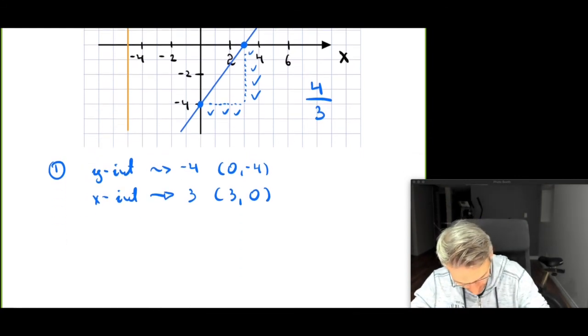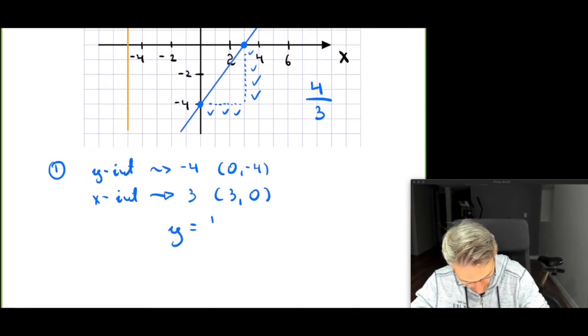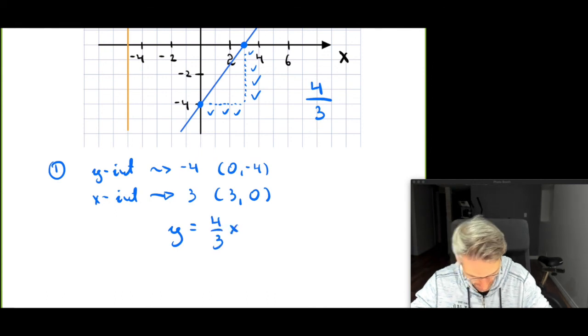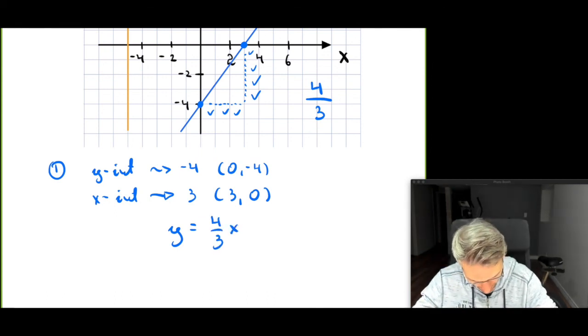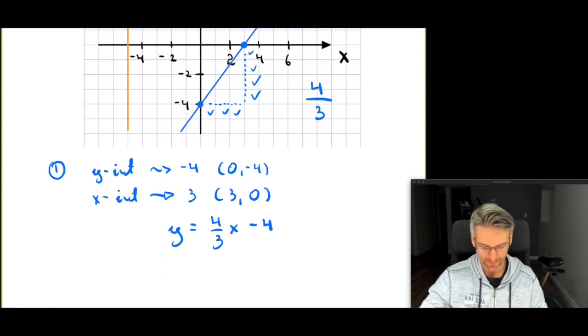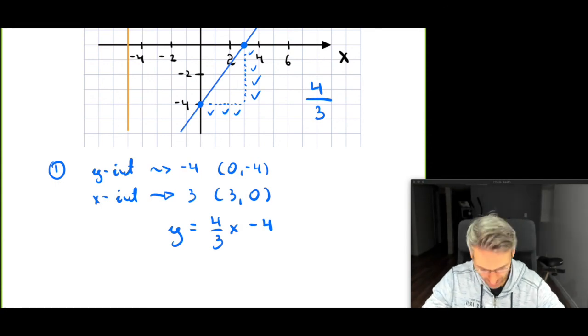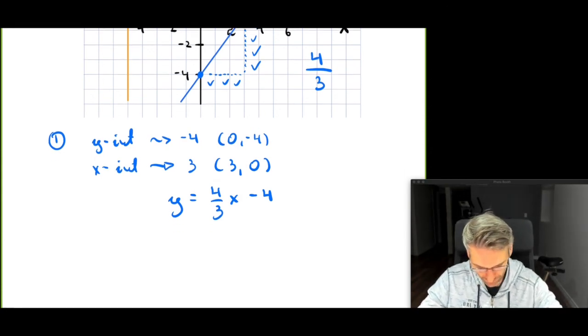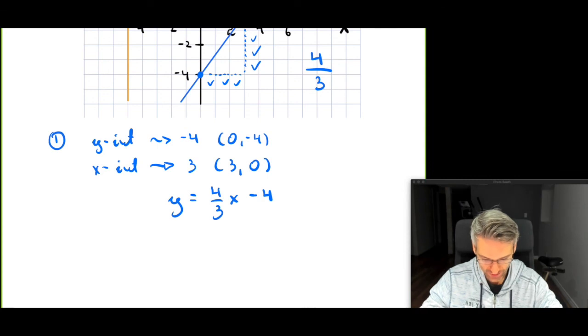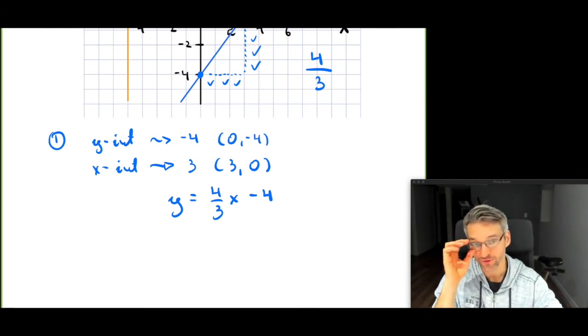All right, so my equation is y is equal to 4 over 3x, and then the y-intercept was negative 4. That is in the slope y-intercept form. Now they want it in standard form. So we're going to try to shift everything out. Now I don't like having a standard form with fractions.